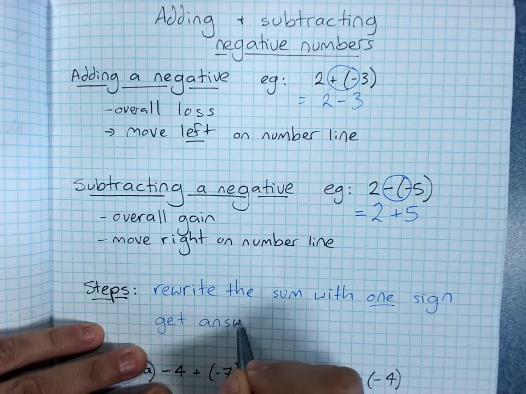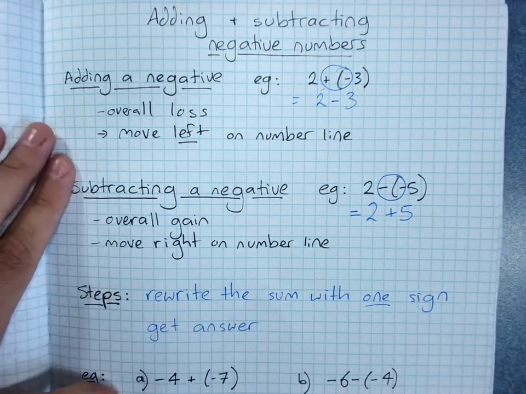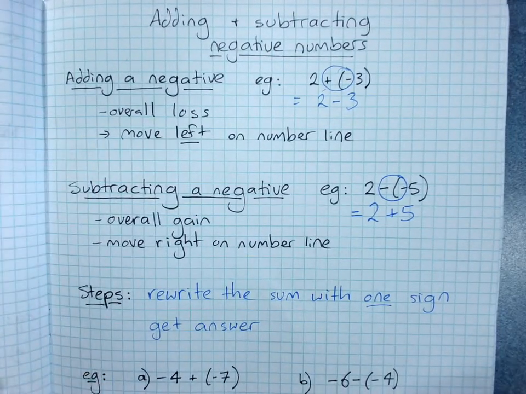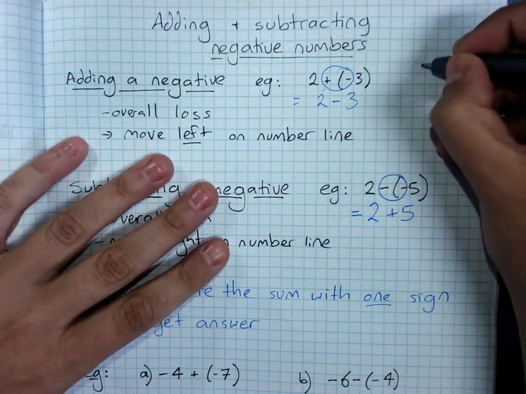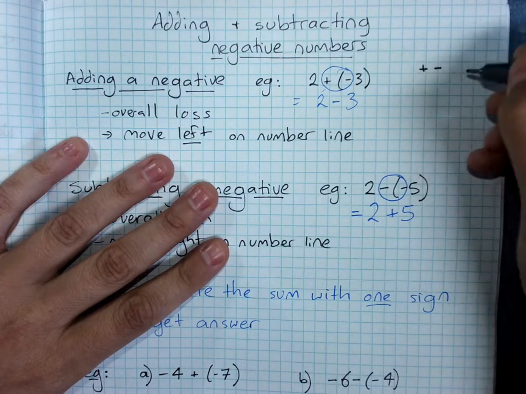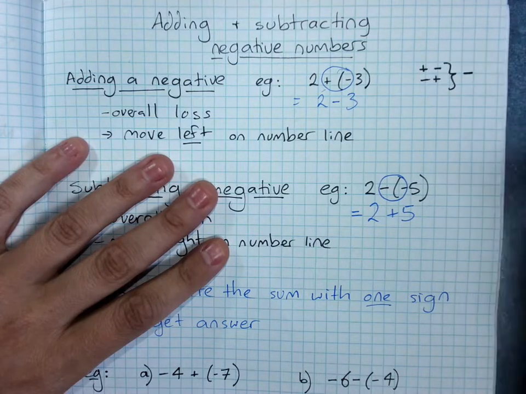And you can get the answer with the number line or with your own knowledge of negatives and positives, that's fine. So, if you want the rules, plus a negative or minus a positive, either of those is minus.